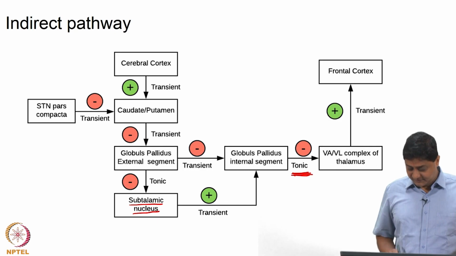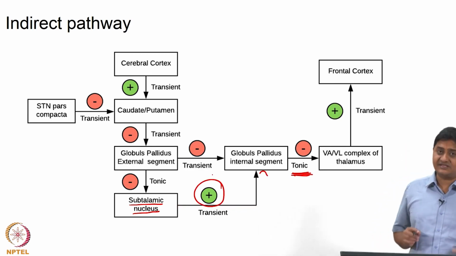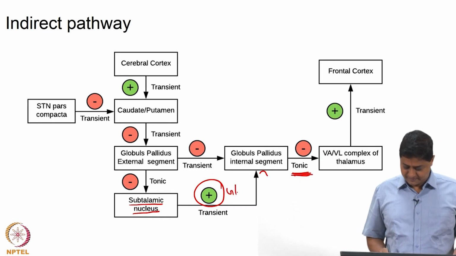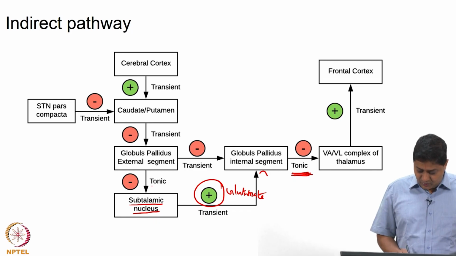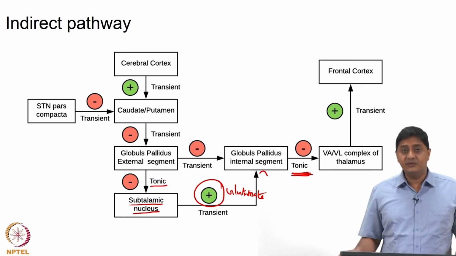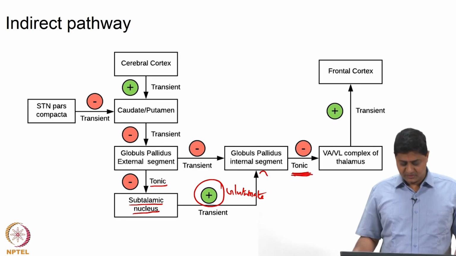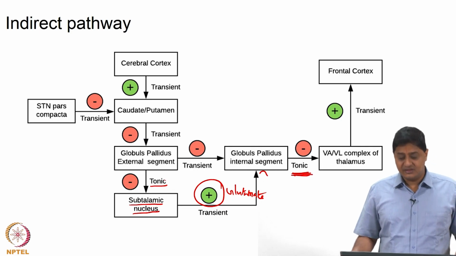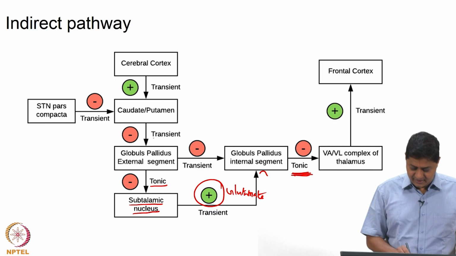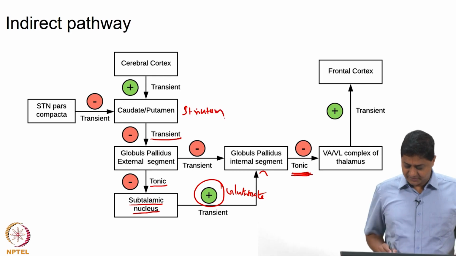It turns out that the subthalamic nucleus provides excitatory, glutamatergic inputs to the GPI, whereas it is tonically inhibited by the input coming in from the globus pallidus external segment, and the globus pallidus external segment itself is inhibited transiently by the input structure, the striatum.